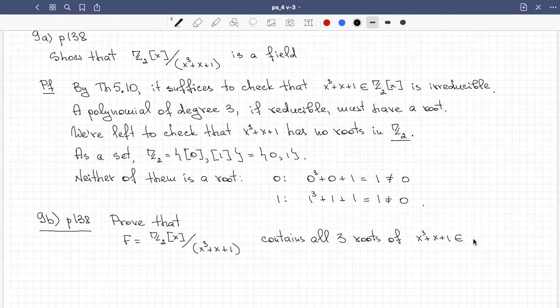Now we think about the polynomial as a polynomial with the coefficients in the field, or we may think about that the other way around.